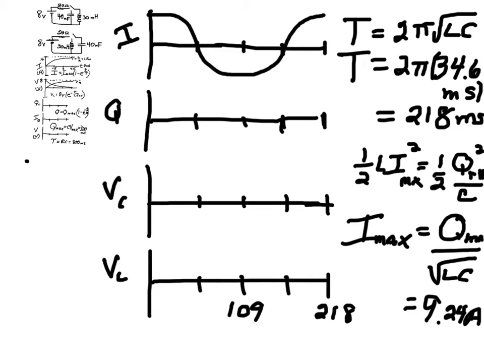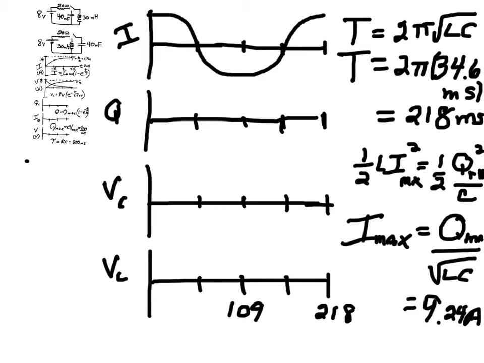So I had to find the period, so I used the period equation to calculate that. The square root of LC is this number, times 2 pi gives us this number. So 218 milliseconds is the period. That means this cycle repeats every 218 milliseconds, or 0.218 seconds. I didn't put that in everywhere, but you can see I put it in down here.